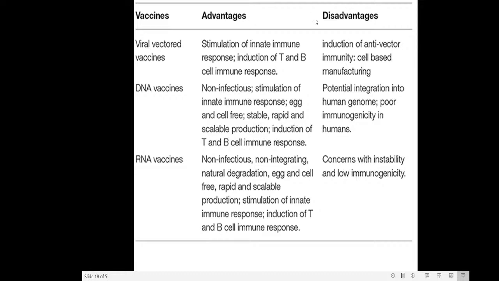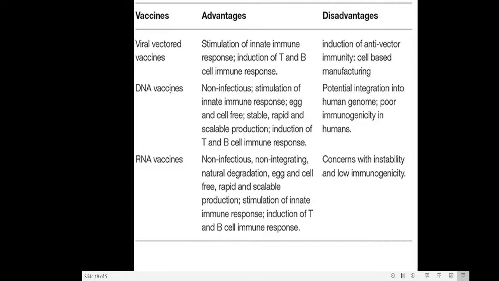Okay, these may be possible questions on the advantages and disadvantages for the CSIR online exam. It induces an anti-vector immunity, and there is cell based manufacturing.